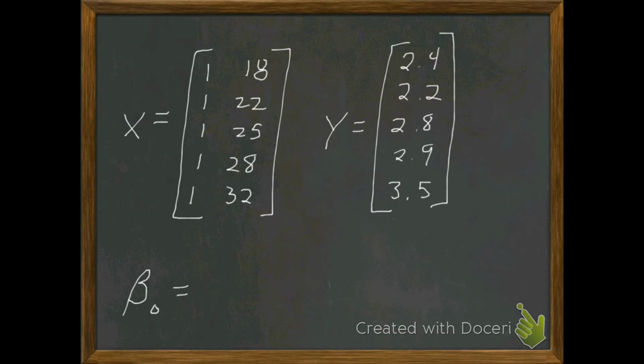I may have written that down somewhere. Yeah, this was 0.648, and beta 1 was 0.0845.